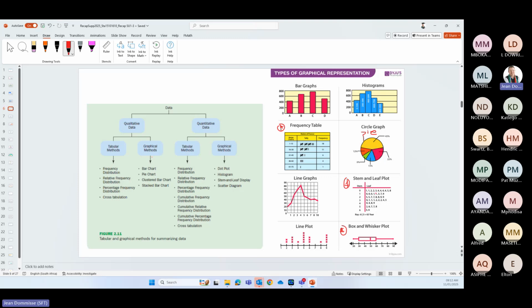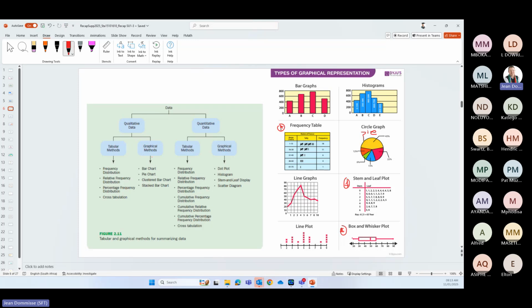The diagram that gives you the most information is the stem and leaf. All the information that you have on a box and whisker, you can get from a stem and leaf. So box and whisker gives you basically a summary of a stem and leaf.